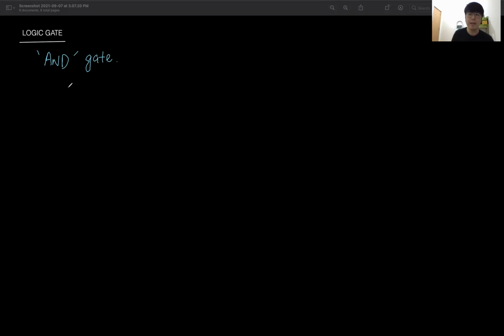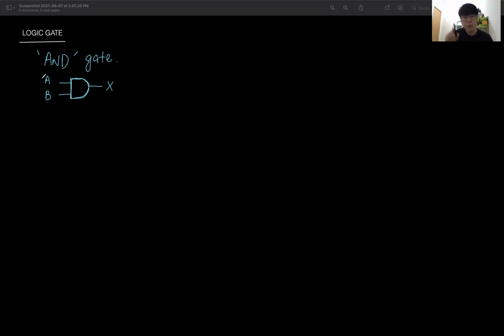You have to remember the diagram. It looks like a D, and then we have two inputs. I'll call them input A and input B. It gives us an output. This is the diagram of the AND gate.